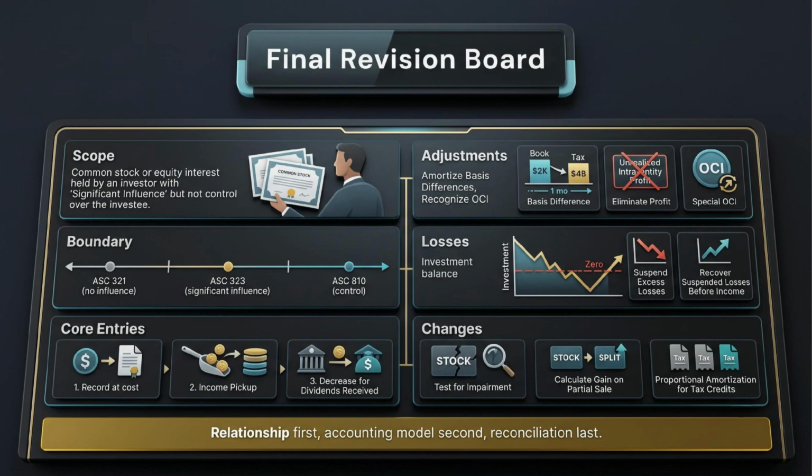Adjustments include basis differences, intra-entity unrealized profit, and OCI. Losses stop at zero unless additional exposure exists, and suspended losses must be recovered before new income. Changes include impairment, partial sales, and tax credit structures. The final memory line is the best way to close the topic. Relationship first, accounting model second, reconciliation last.